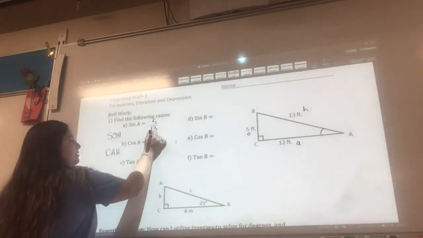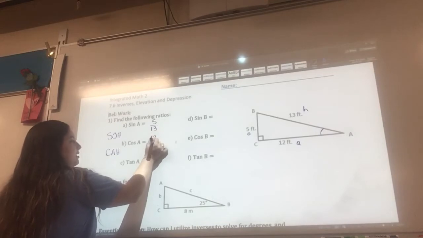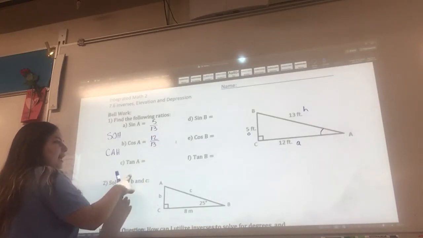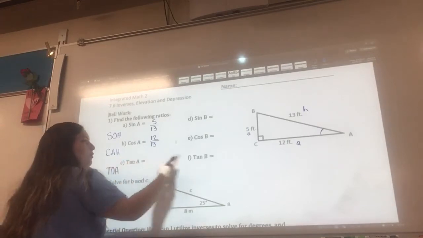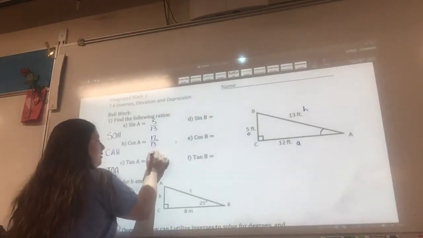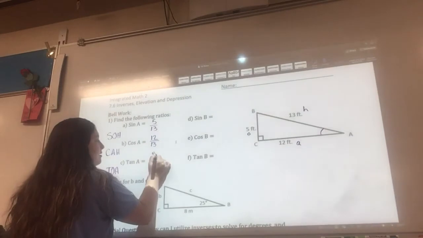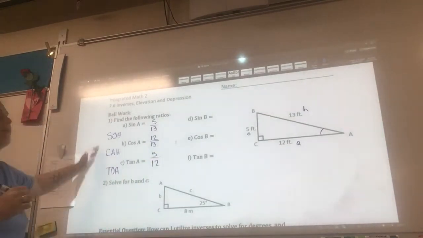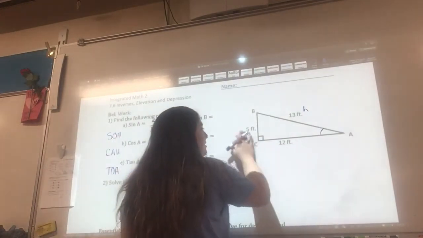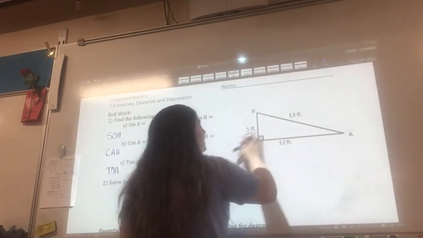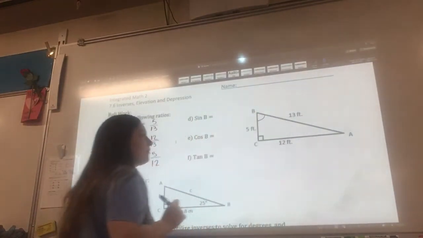We're going to see that as 12 over 13. And lastly, for angle A, we look at tangent, which is TOA, opposite over adjacent. Just remembering our SOHCAHTOAs.